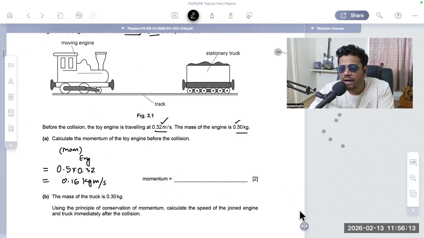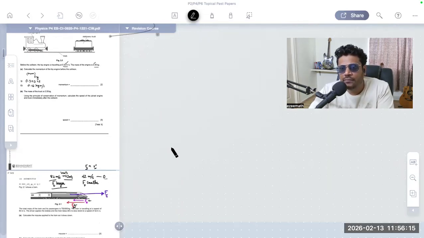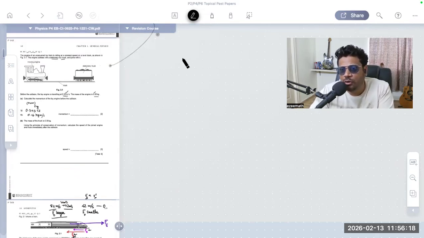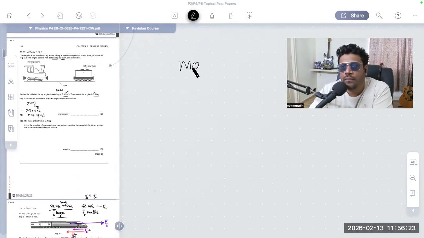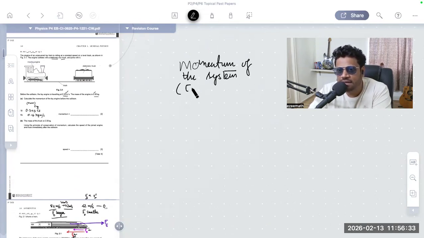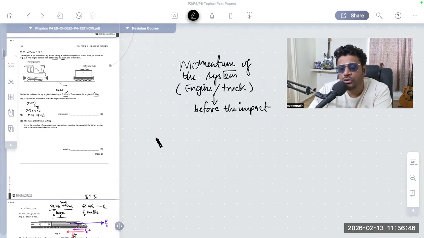So when you're calculating the momentum of the system, which in this case is the engine and the truck together, before the impact, you know it's 0.16 from the engine.